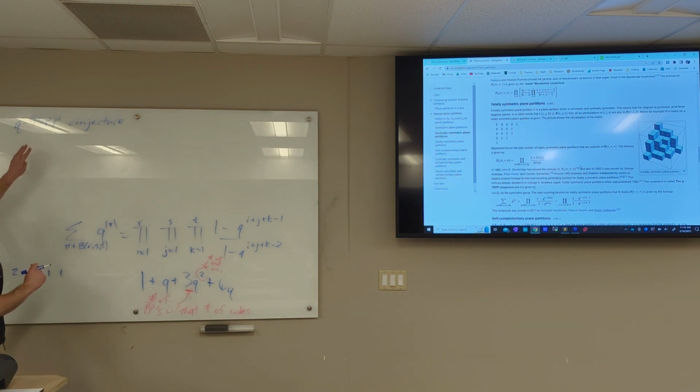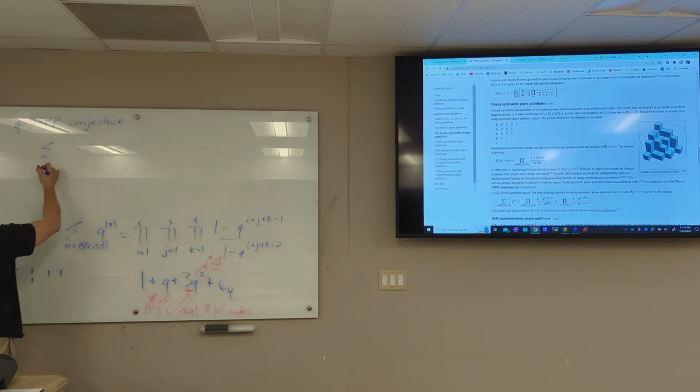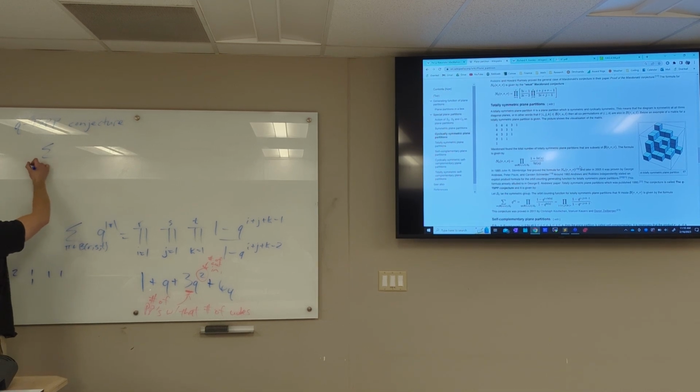Okay, so yeah, the q-TSPP conjecture was that these totally symmetric plane partitions were enumerated like this.